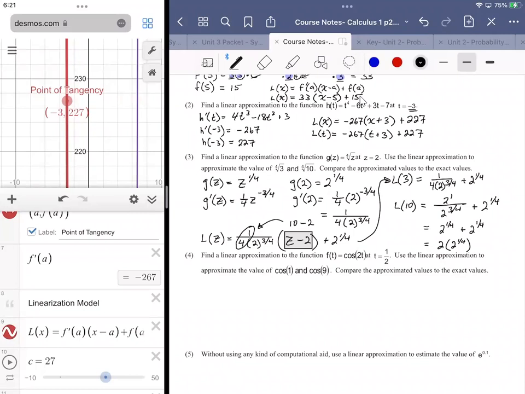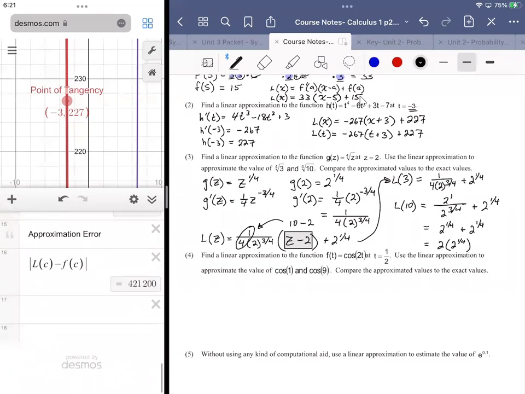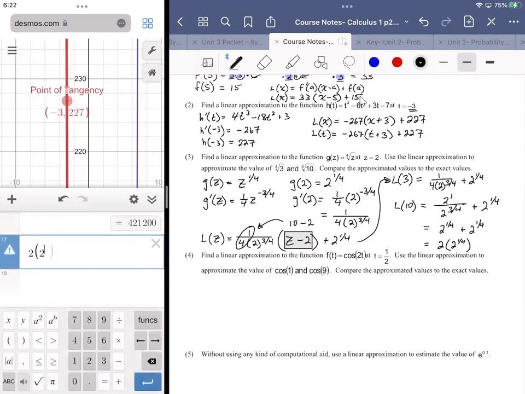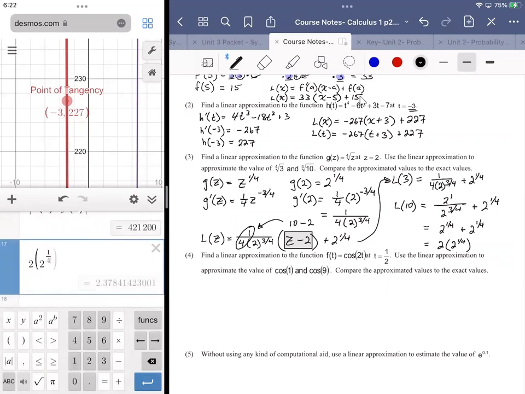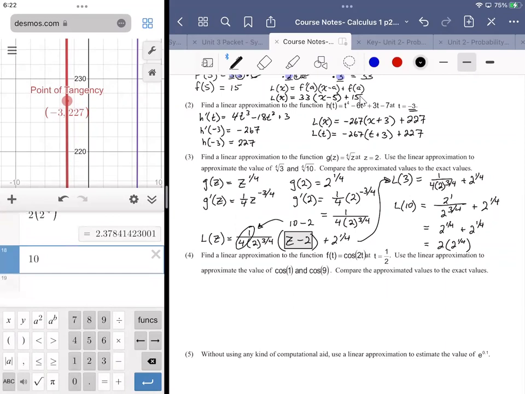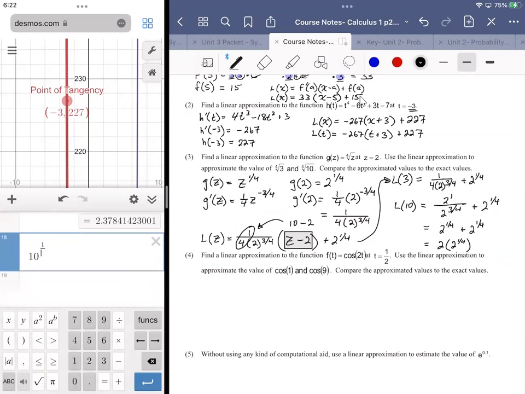Anyway, when it comes to figuring out the comparison between these and the exact values, that's easy enough. You just put it into the calculator. I'll just do the second one. So 2 times 2 raised to the 1/4 power would be that, as opposed to if I plugged in a 10 and raised that to the 1/4.